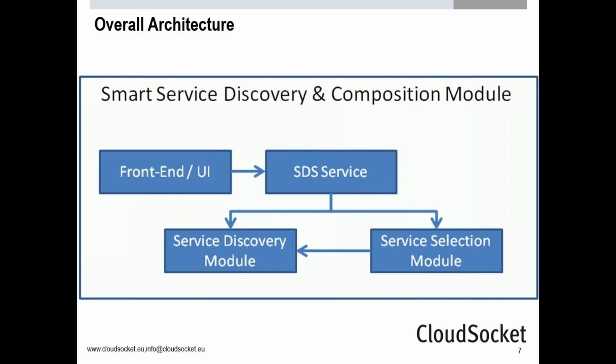In principle, the front-end user interface, which is another component, could be the user interface from the evaluation environment, and we are currently investigating how this integration can be performed. But in the demo that I will show you later on, a very simple interface has been developed just for demonstration purposes. And of course, somebody can build more sophisticated interfaces on top of this SDS service.